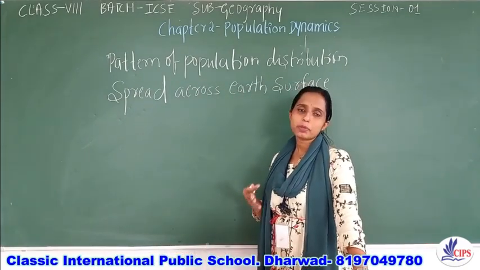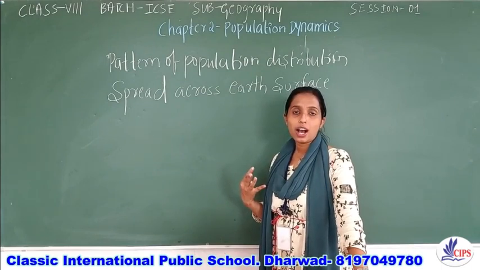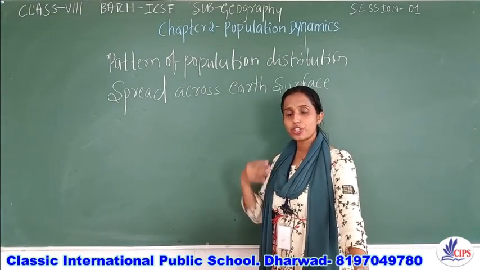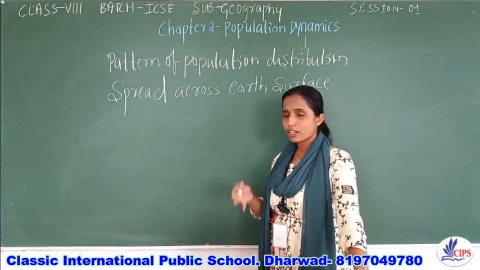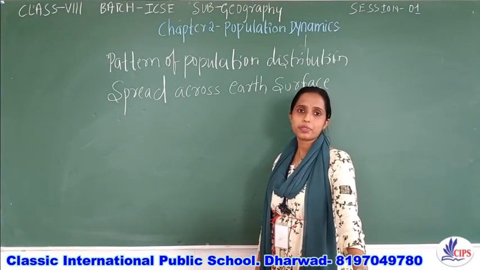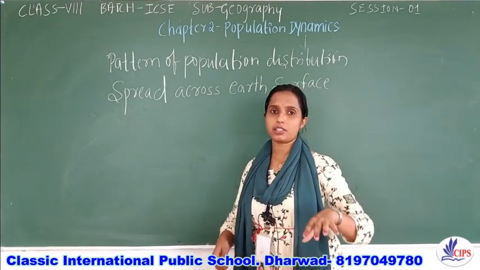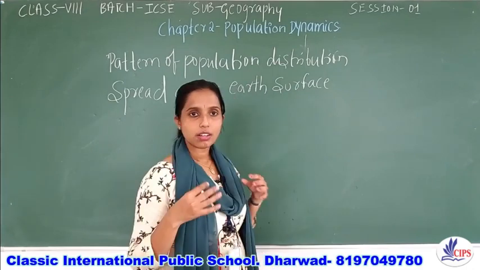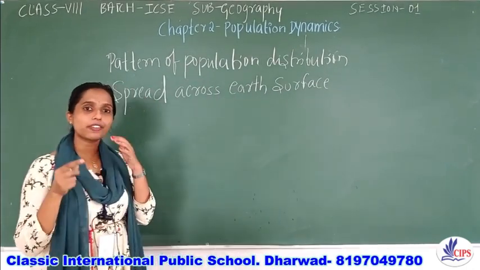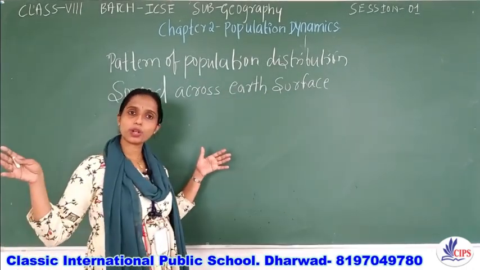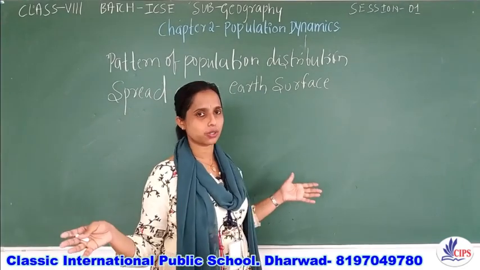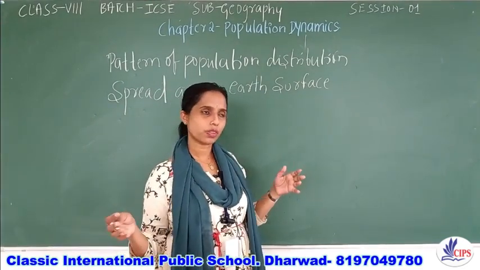So what is the reason behind all these things? Are there any factors which are influencing the pattern of population distribution? Yes, there are certain factors which decide the way in which people get distributed over any country or any region. Which are those?